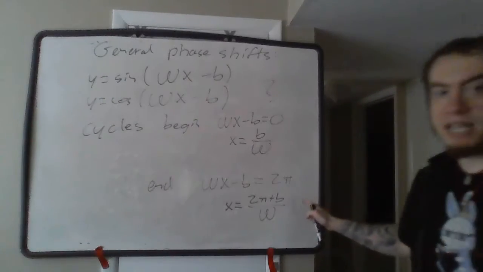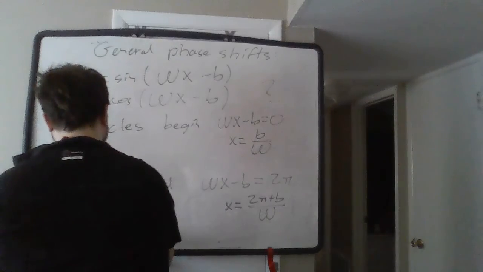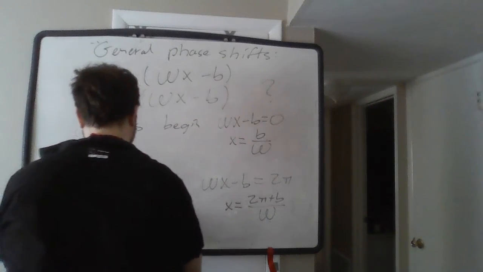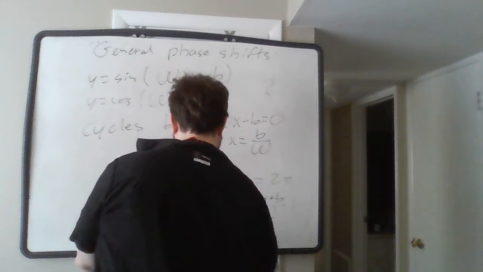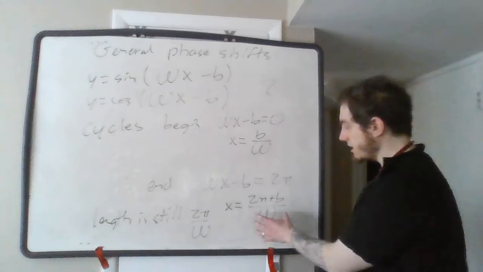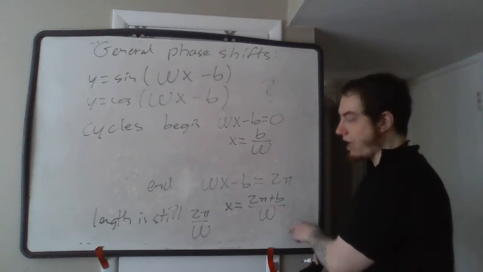Now, if you calculate the length of one cycle, it's still just going to be 2 pi divided by omega, because if I take the end point minus the start point, I am left with 2 pi over omega.